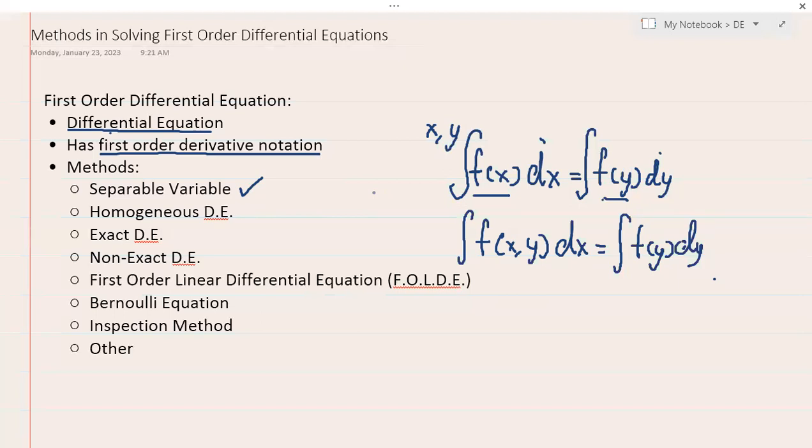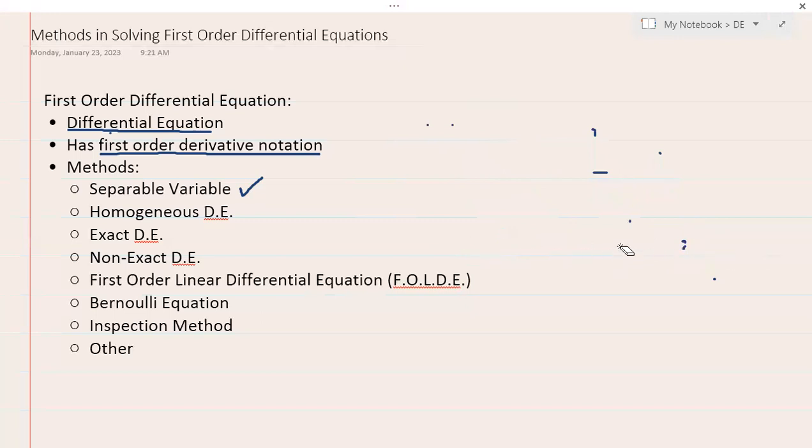One on the left and one on the right. So kapag may isang variable hindi magkahiwalay, then hindi pwede si separable variable. Alright? So, that is separable variable basically. Don't worry, yan yung una nating i-discuss in the next video. Alright? So that is separable variable.